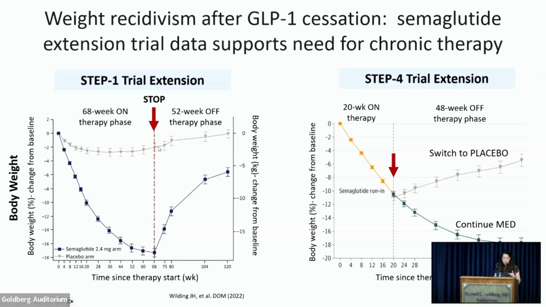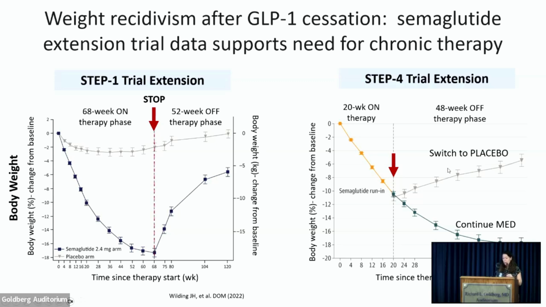And so placebo also gained a little bit of weight back. They weren't doing that supervised high intensity lifestyle modification anymore. But you can see that the folks who went off drug also regained almost all of the weight, right? It's about 60% to 70% on average within a year of going off of treatment. And the same thing over here in STEP 4, right? So this didn't just stop people.